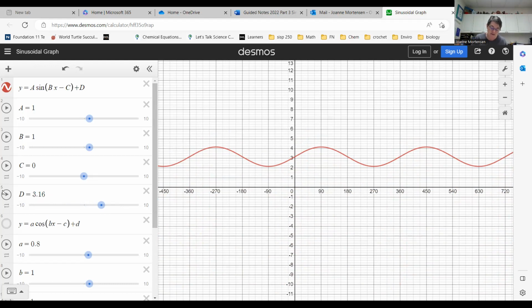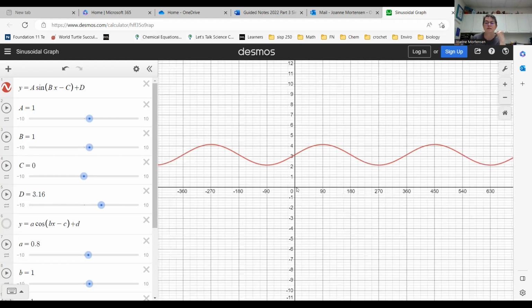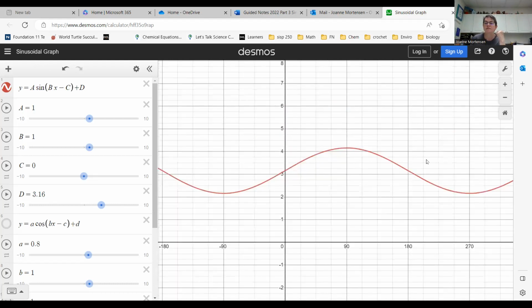My general answer is going to be the whole graph moves up and down. All right, so let me just scroll in so it's a little easier to see here.